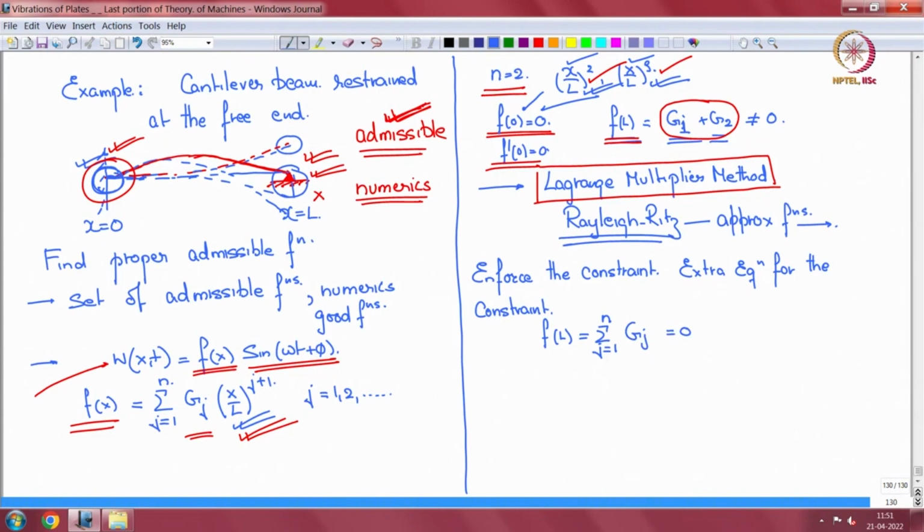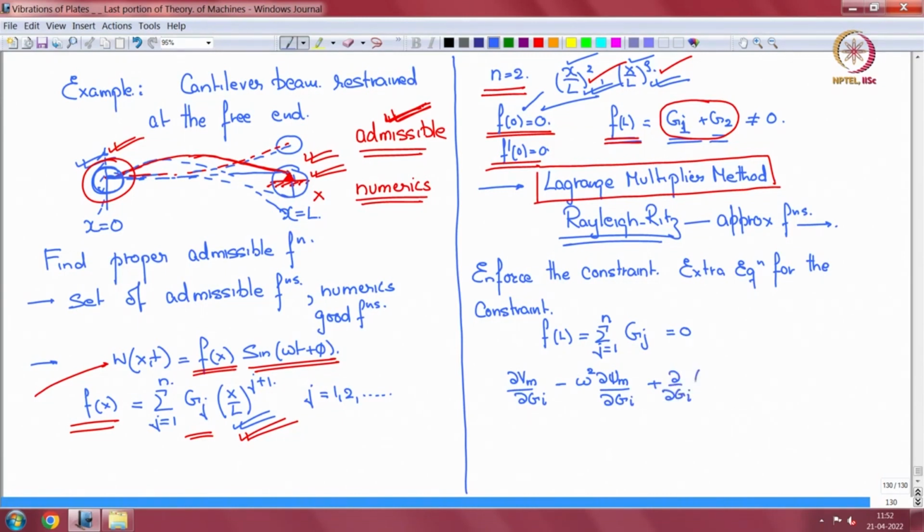Then what are the other equations? The other equations are del Vm by del Gi minus omega square del psi m by del Gi plus del Gi.